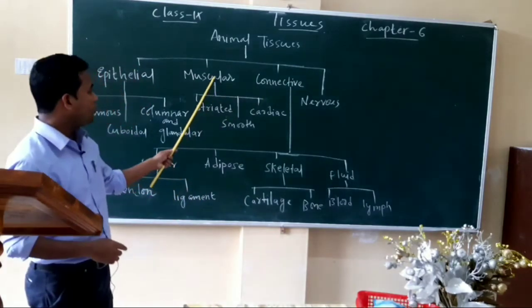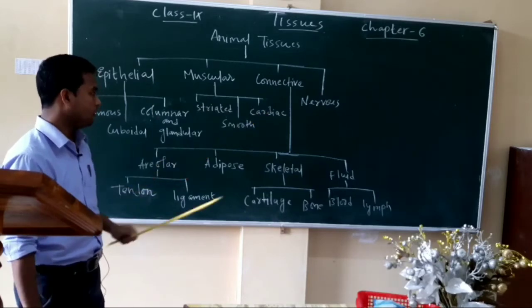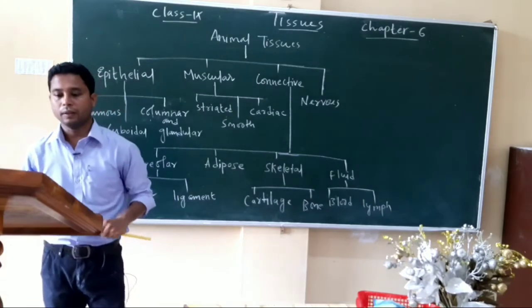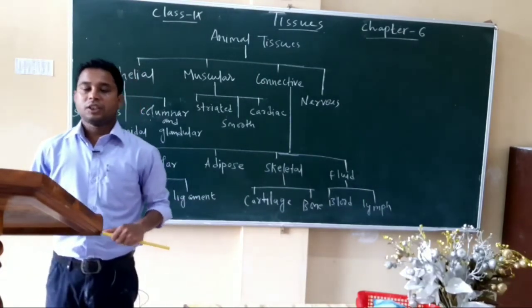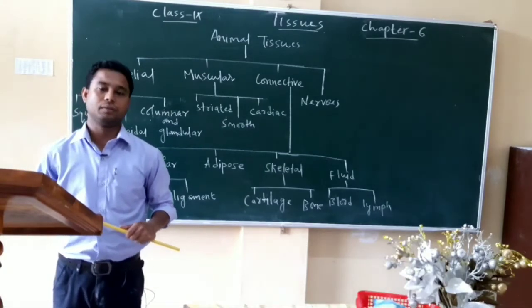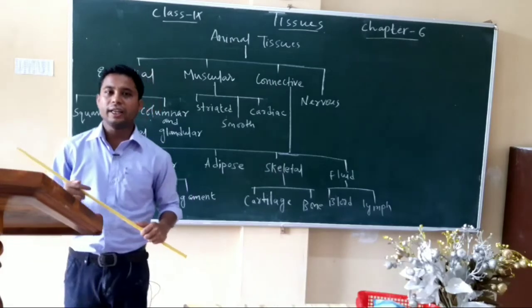Muscular tissue is divided into 3 types, that is striated, smooth and cardiac. First of all, let us see what is striated tissue. Striated muscles are known as striped, skeletal or voluntary muscles. What do you mean by the word voluntary?